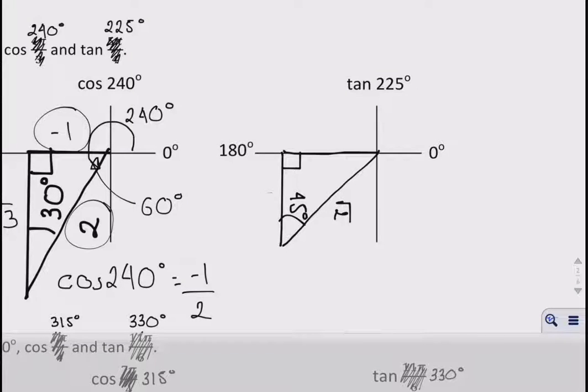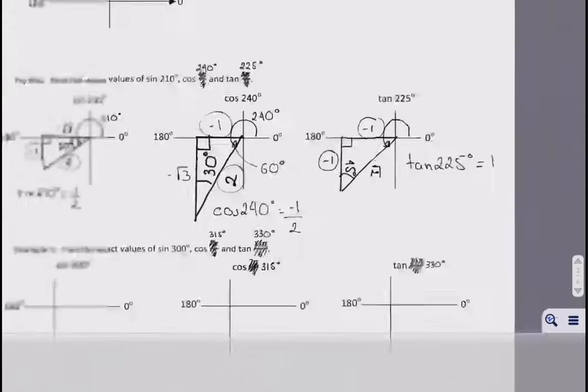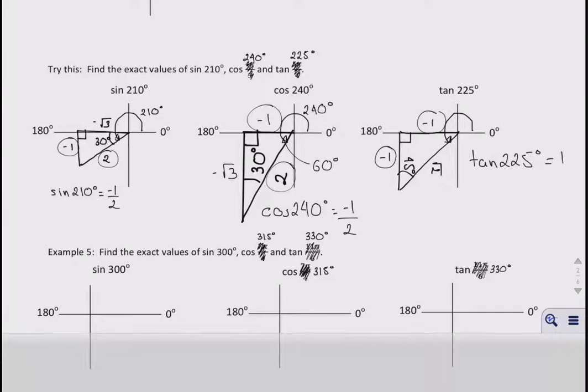And these values here are going to be negative 1, and the root 2 stays the same. So 225 goes from here to here, and tan of that is opposite over adjacent, which is just 1. And that equals 1. So again, hopefully you got these ones right, but do the work first and compare afterwards.